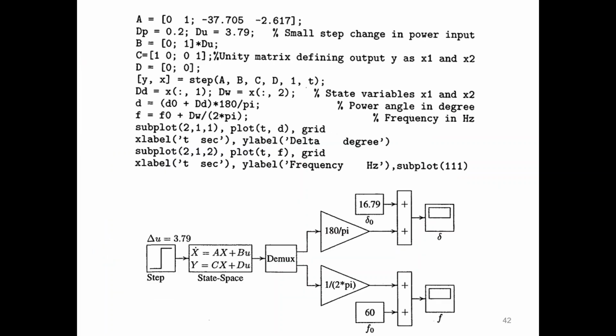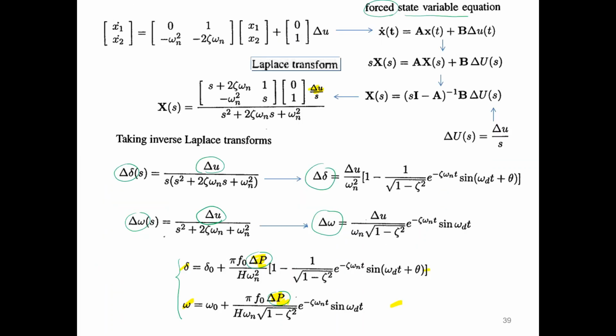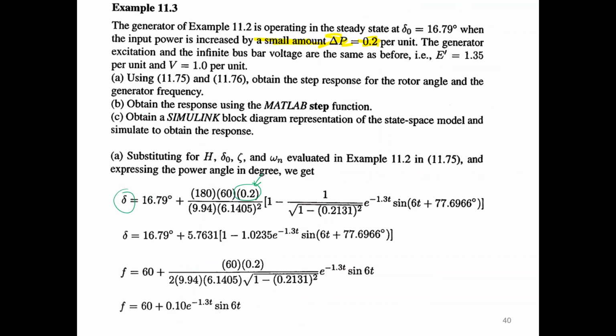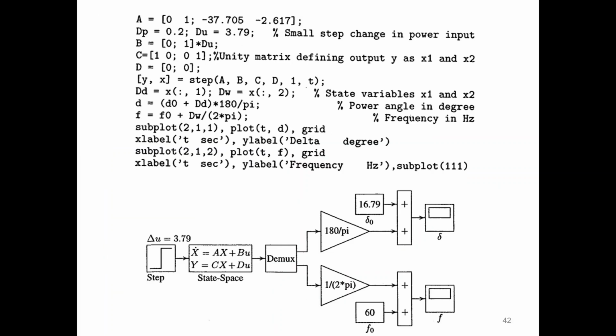Okay, and this is the MATLAB representation. That should be clear, right? The delta U itself, when you put it inside the state equation, you have to transform this number. Delta U is equal to pi f0 divided by H times delta P. This is from the swing equation itself, right?